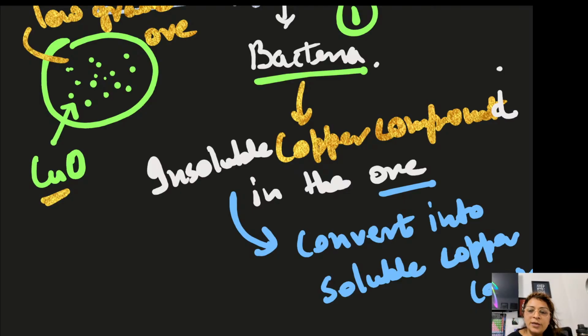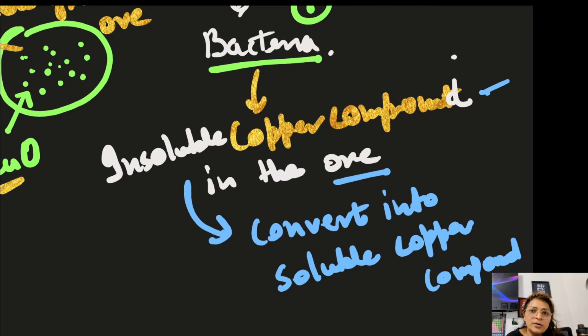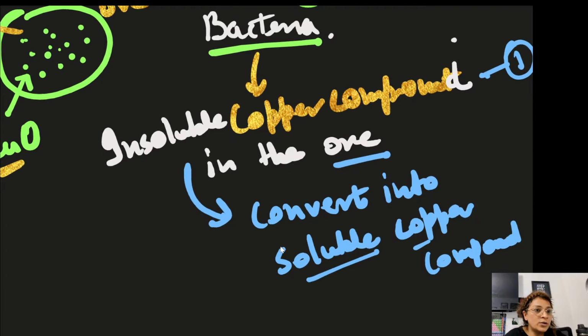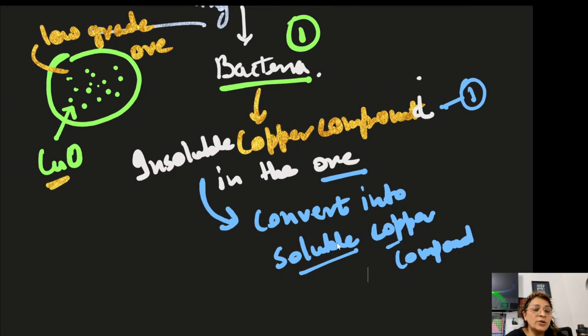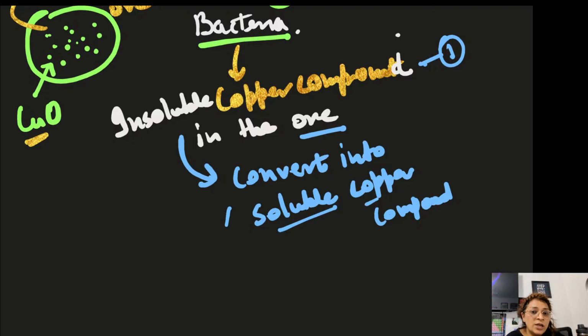So 1 mark here, 1 mark here, to say that insoluble copper compounds in the ore are converted into soluble copper compounds by the bacteria. This is 2 marks. Please write it down. And this solution is called leachate. Leachate solution is formed.